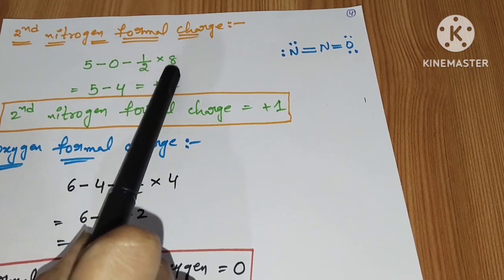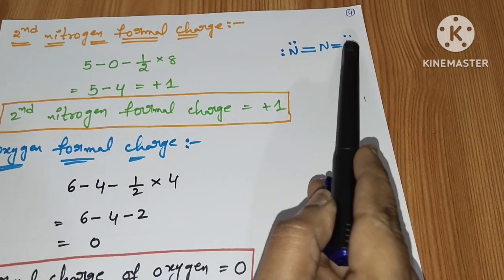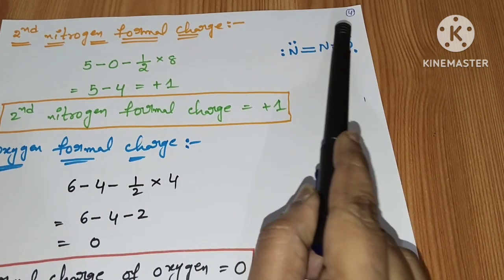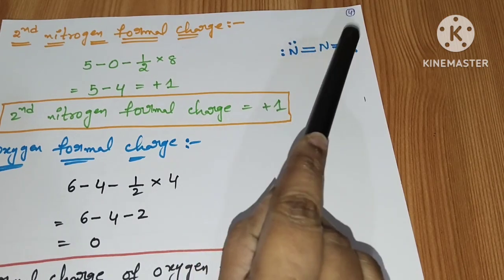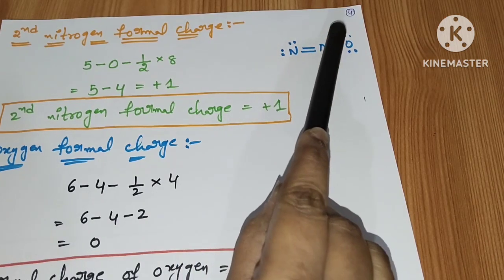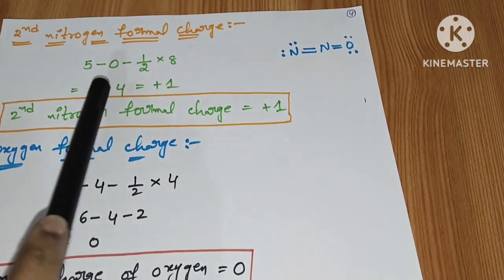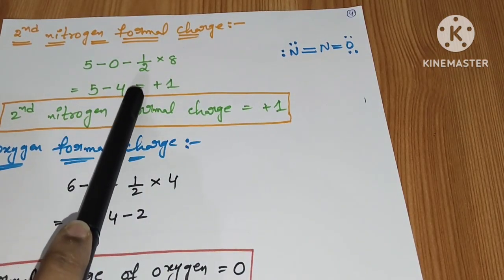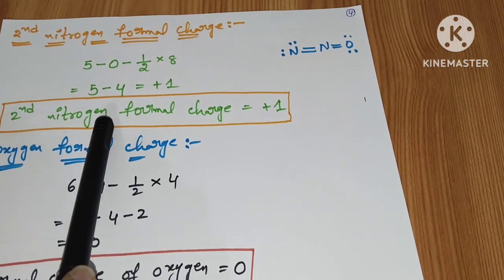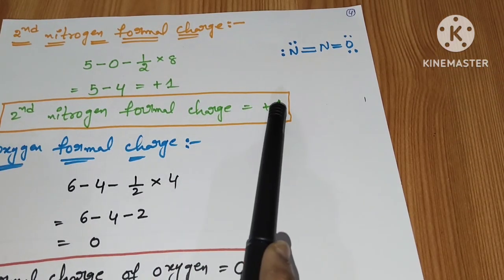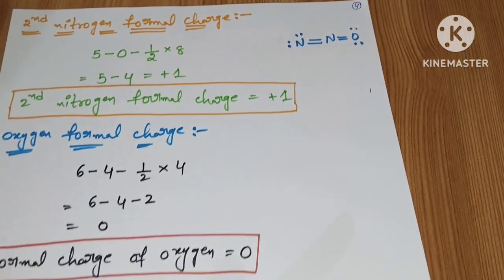Minus half times how many bonded electrons are present in this second nitrogen? 1, 2, 3, 4, 5, 6, 7 and 8. 5 minus 4 equals +1. Second nitrogen formal charge equals +1.